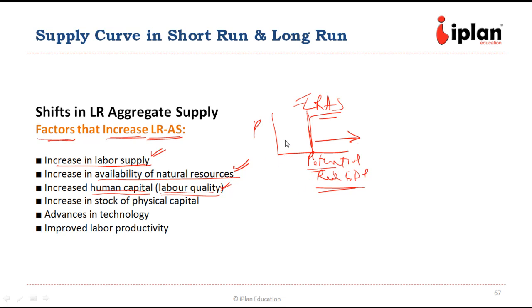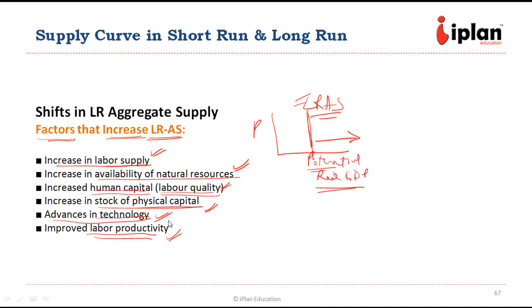If the stock of physical capital has been increased, that also will contribute to the rightward shift. If there are significant advances in technology, that will also contribute to a long term shift in the aggregate supply curve. And finally, the productivity of the labor will also contribute in the long term.